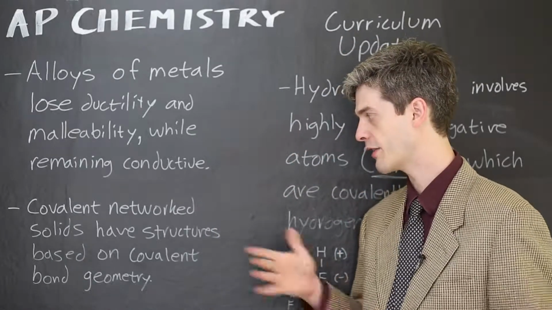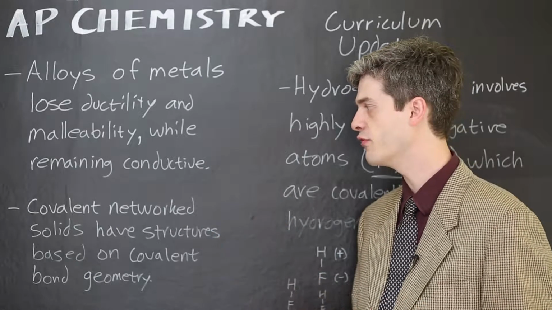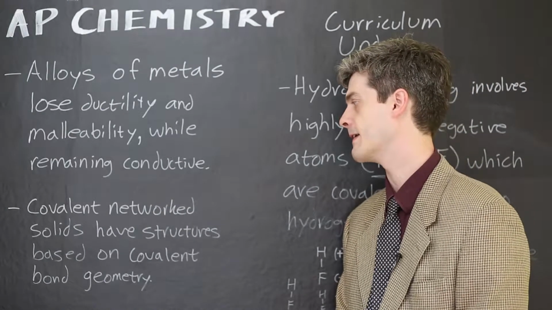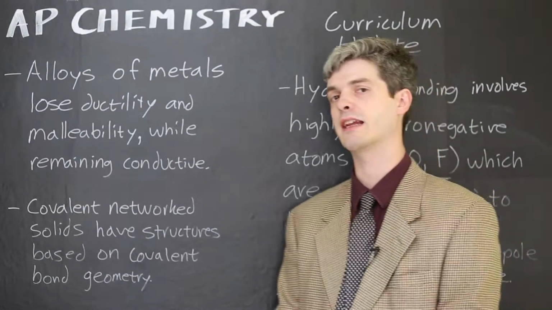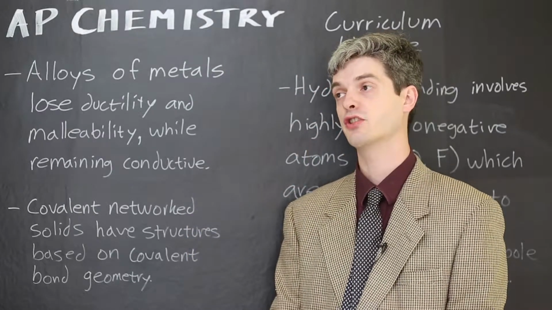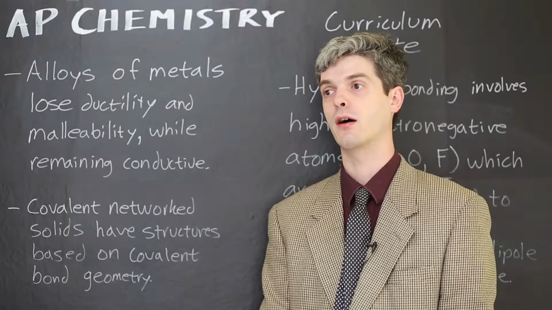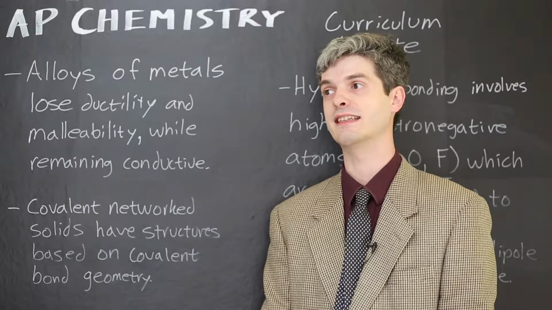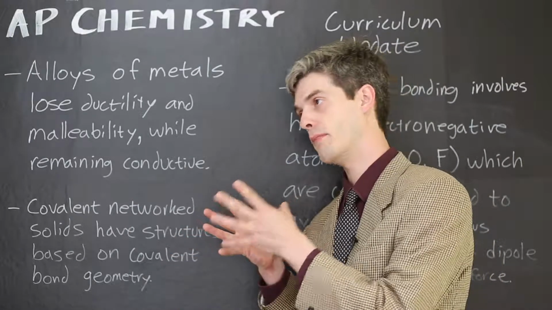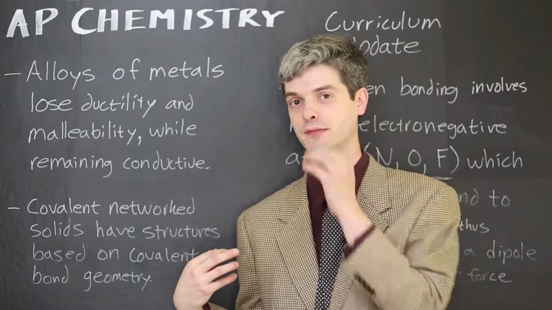Now, another thing that they changed some of the language related to was the question of covalent network solids. Think of these as what happens with any crystalline substance, such as, for example, salt. Salt has a crystalline macrostructure, which is indicative of the bonds between atoms at the micro level, okay?